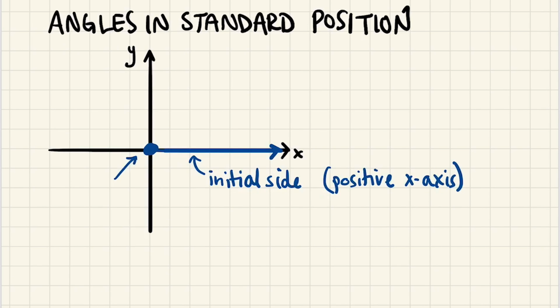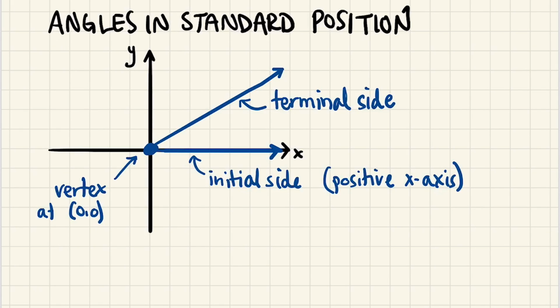The vertex is at the origin, and the terminal side is just, well, anywhere else pointing in any direction here. Okay, so we would read the angle theta in here, perhaps, from the initial side to the terminal side.